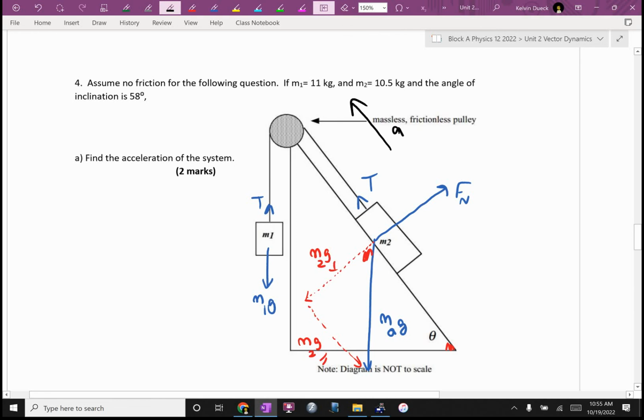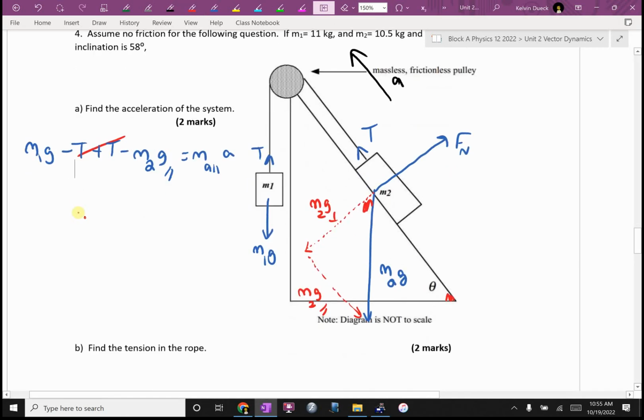So who's winning? I would go m1g minus tension, plus tension, minus m2g parallel, that equals (m1 plus m2) a. I might be tempted to stretch it out. No tension, always nice when I lose tension.